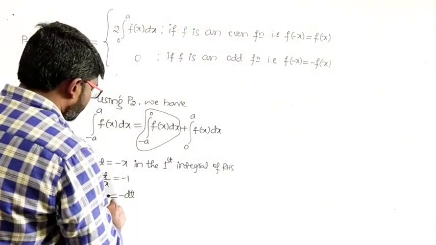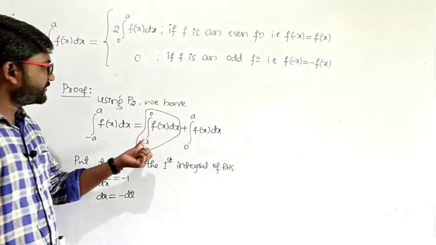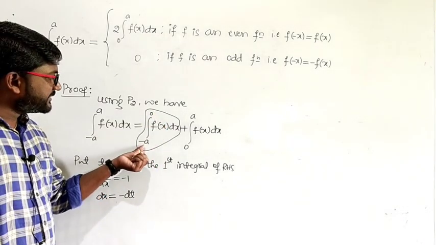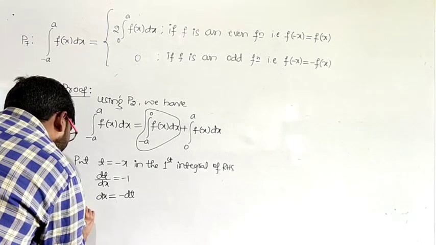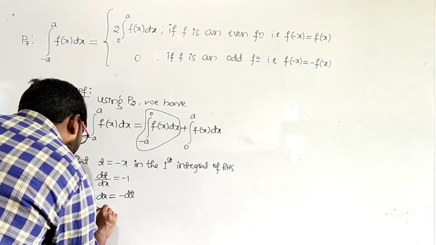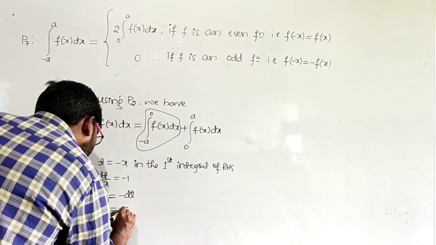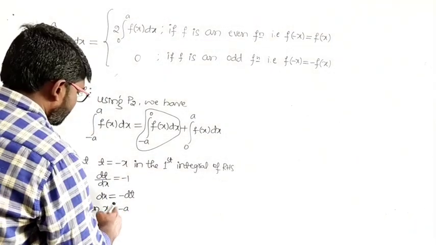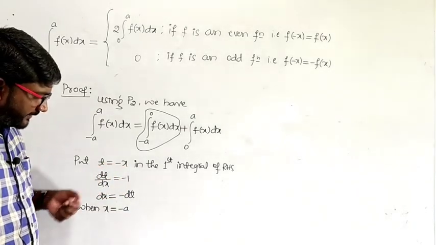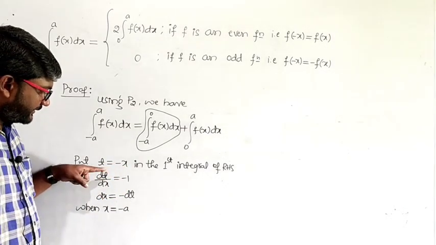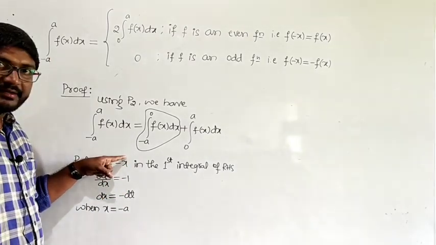Whenever you are going for the substitution, limits will also change. Now minus a and 0 will change. When x is equal to minus a, in place of x you put minus a, so minus into minus becomes plus.